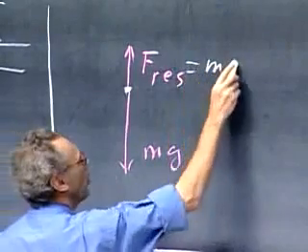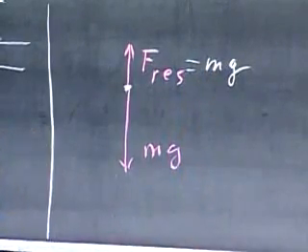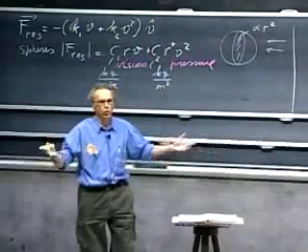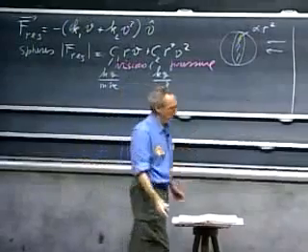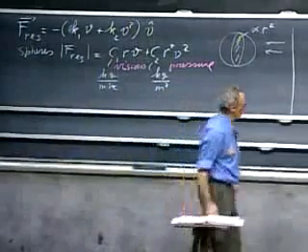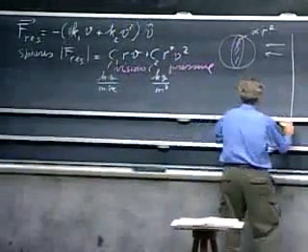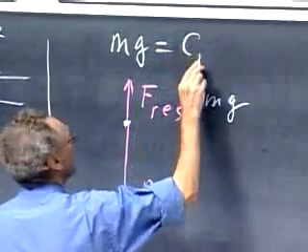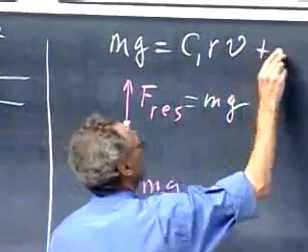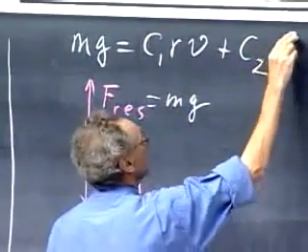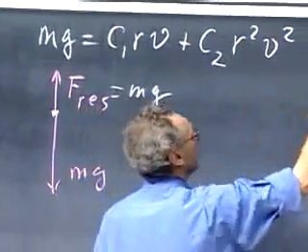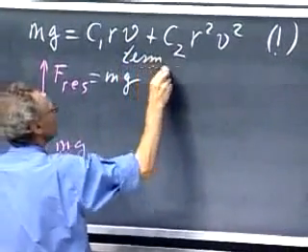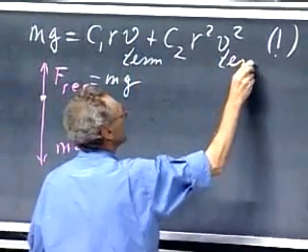And when the two are equal, there is no longer acceleration, so the object has a constant speed. We call that the terminal velocity. And that will be the case when mg equals C1 R v plus C2 R squared v squared. And then we have here the terminal velocity.